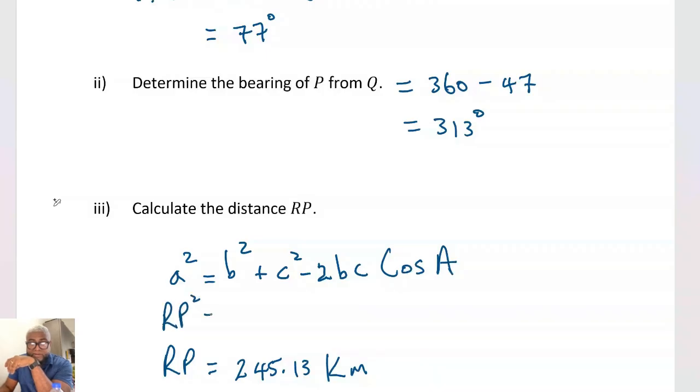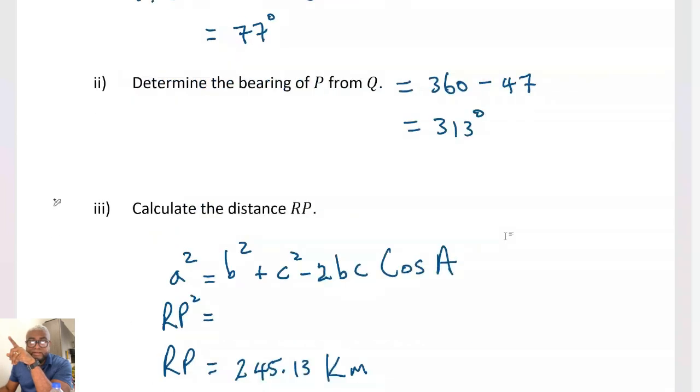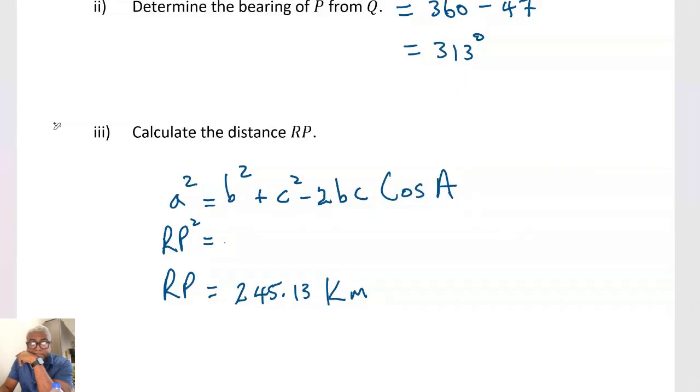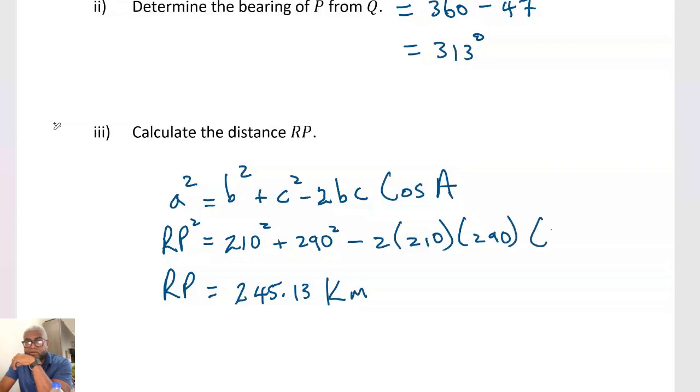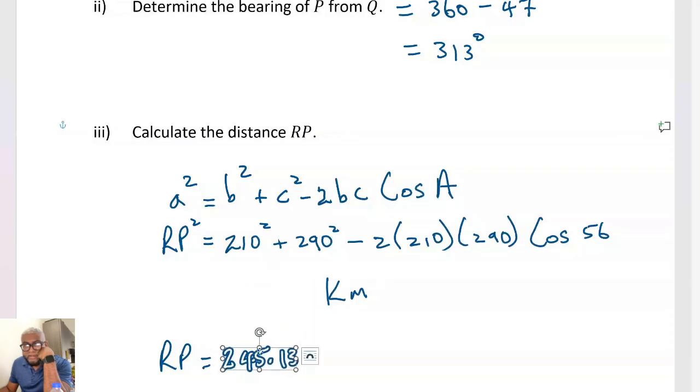So RP squared was equal to 210 squared plus 290 squared minus 2 by 210 by 290 cos of 56. When you work on that, somebody punch it in now. I just want to make sure it's correct.